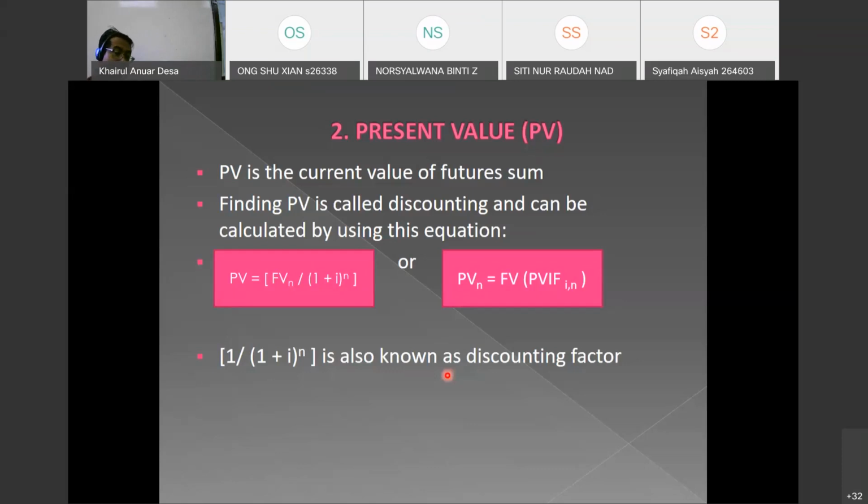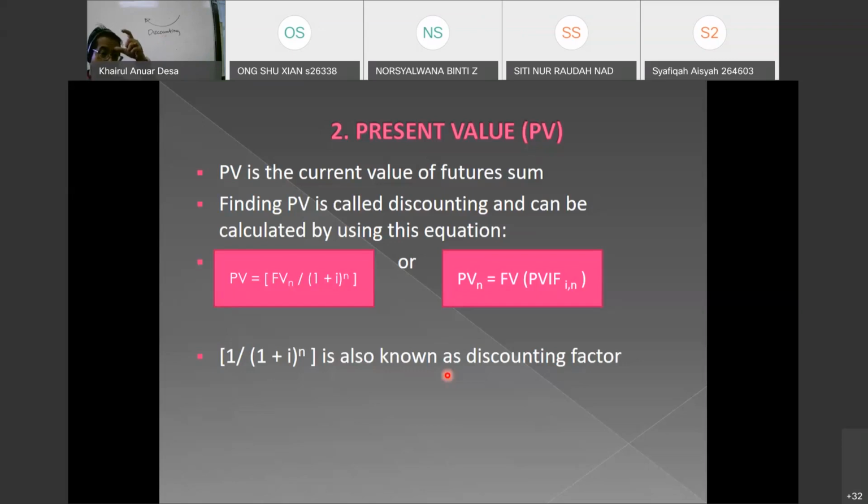Apakah kata kunci bagi present value? Ingat lagi yang tadi? Ini sekarang kita pergi sini pula. The keyword here is, the process is discounting. Okay. Proses yang kita namakan sebagai pendiskaunan.